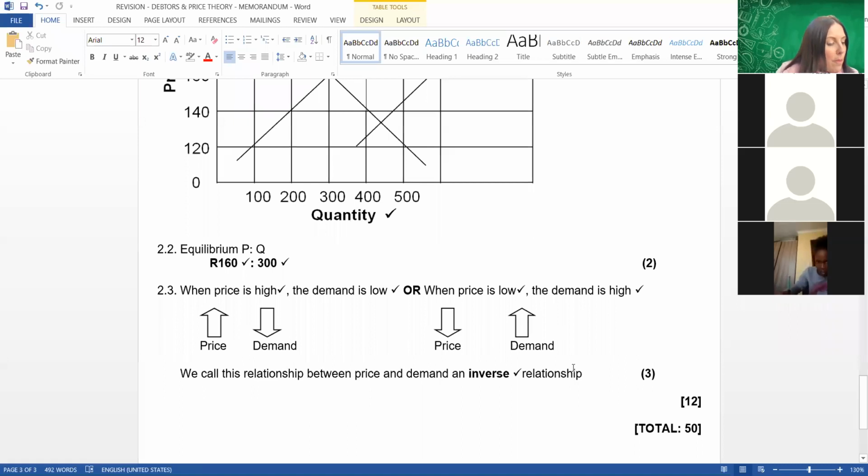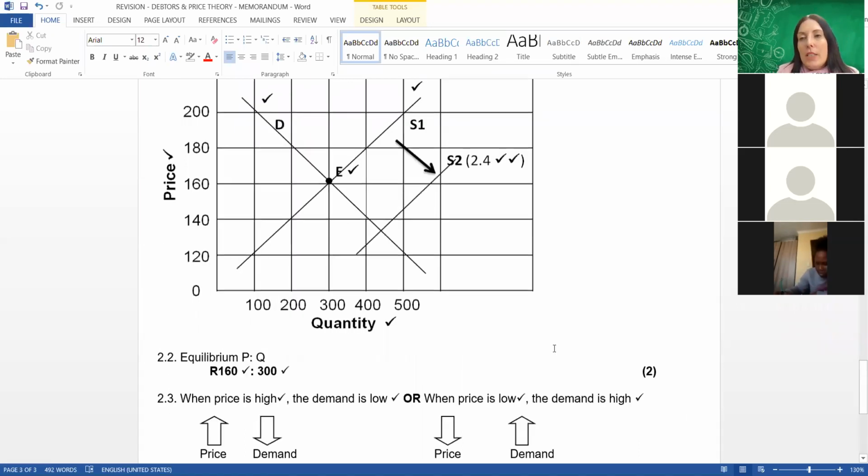They said, on the completed graph, show an increase in the supply of jeans by the producer. So for some reason, maybe they found a new way of manufacturing jeans, or the raw materials became cheaper, or labor became cheaper, whatever the case might be, but now there is an increase in the supply of jeans.